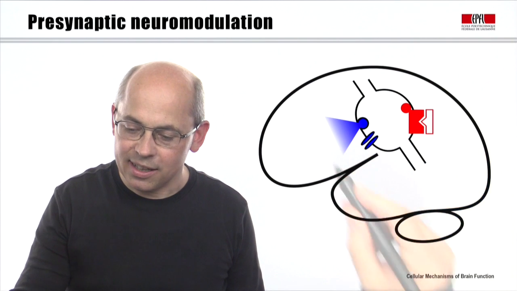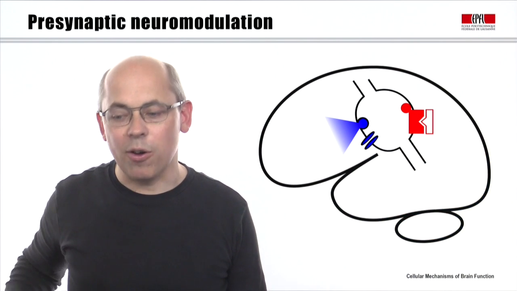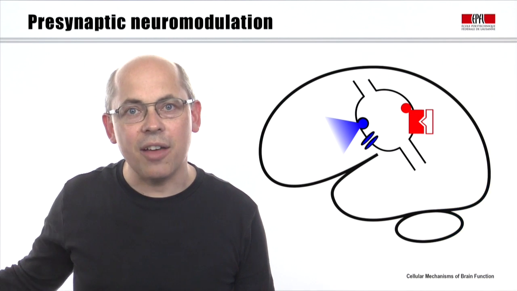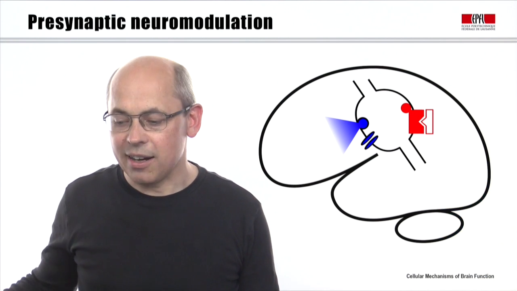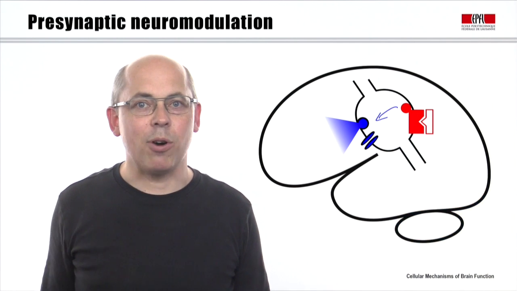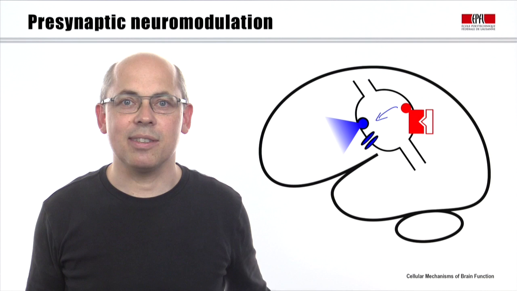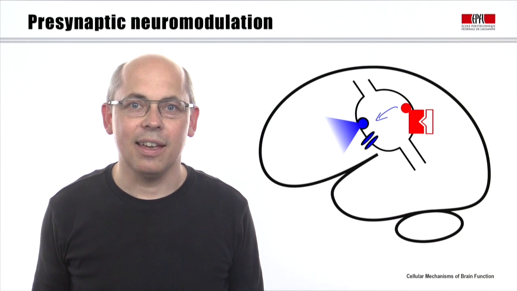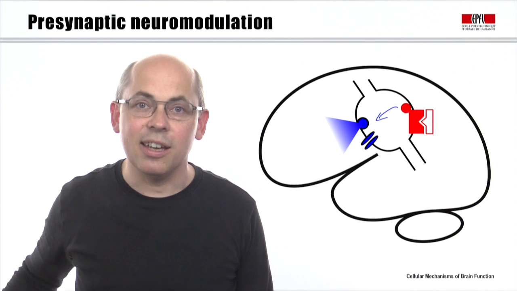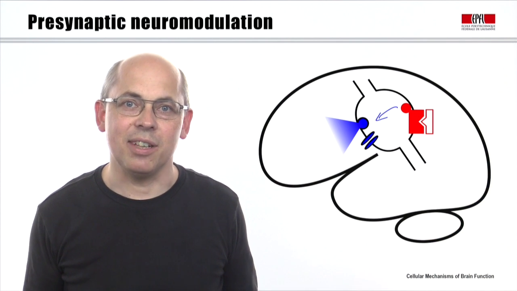Also, interestingly, there are receptors present on the presynaptic boutons, so neurotransmitters diffusing from other boutons can impinge upon these receptors, and that can affect the release process at the synapse we're considering. This process of presynaptic modulation is what we'll be considering in this video.